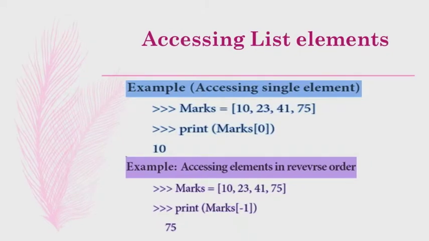See this example: marks = [10, 23, 41, 75]. Here if you want to access the element 10, you have to write print, next write marks within the parentheses and write the index value within square brackets. The element 10 is stored in which index position? 0. So you have to specify 0 here. So this 10 will be printed on the output screen.